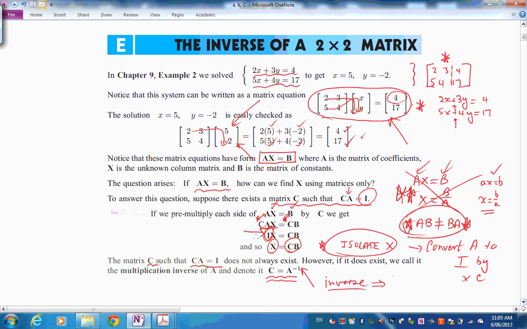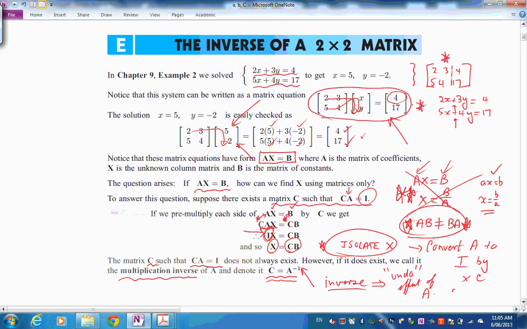That matrix, which will, if you like, undo the multiplication by A. Inverse implies it will undo the effect of A. So it converts it to I. You could call it the multiplicative or multiplication inverse. What's it like? Well, it's like a fraction in real numbers.